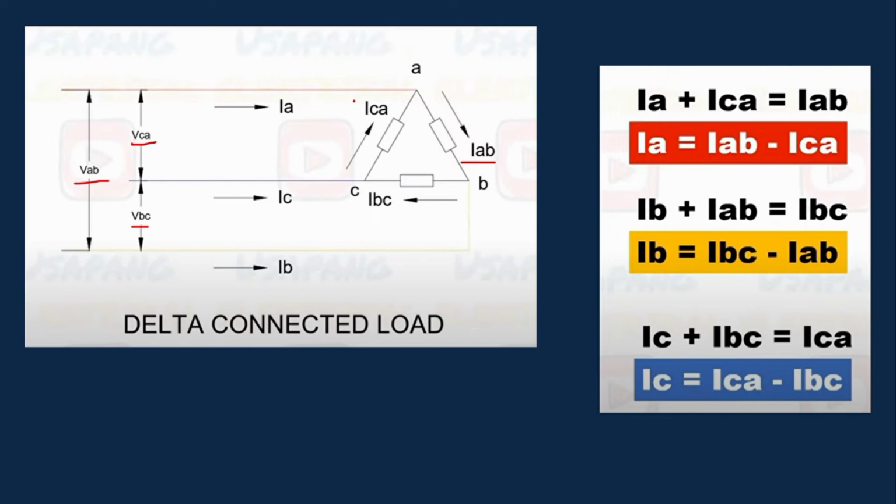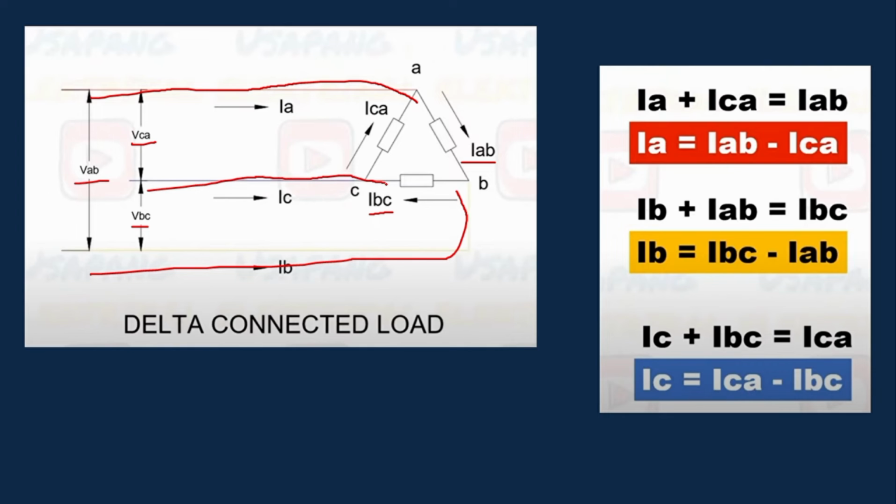Ang voltage na nagko-cross dito ay ang voltage across A at ang voltage across B. Pagdating naman sa IBC, ang nag-a-across is voltage C at voltage B. Sa ICA naman, ang nag-a-across ay ang voltage A at ang voltage C.